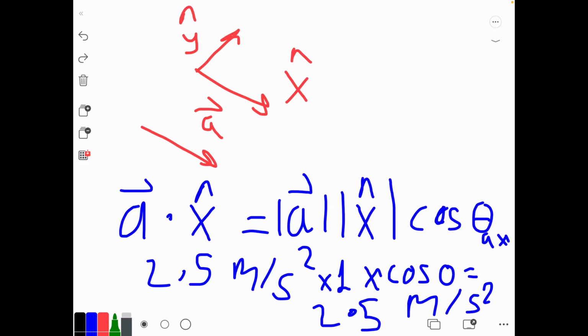Remember, last time we had to find that angle using a lot of formula work, but this one, because they go in the same direction, there's no angle between them. So you get 2.5 meters per second squared times 1 times cosine of 0, which gives 2.5 meters per second squared. We get the same thing as our vector, because the cosine of 0 is 1.